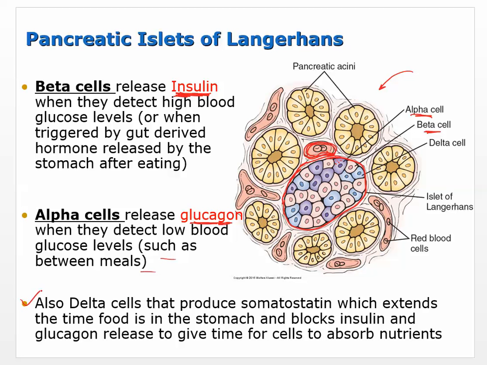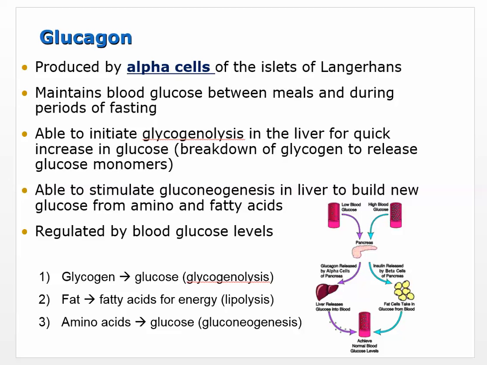There are also some others, but one that's shown here is delta cells that produce somatostatin, which extends the time food is in the stomach and will block insulin and glucagon. So in a way, this is released to increase the glucose levels. It works against the insulin in some ways, but it's doing it for a more homeostatic, more smooth increase in blood glucose.